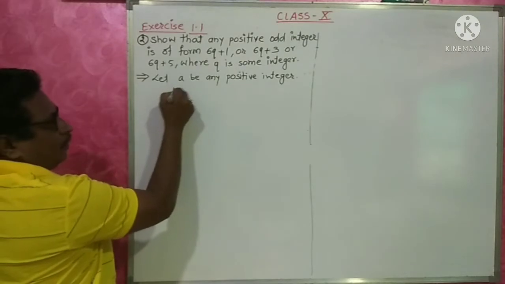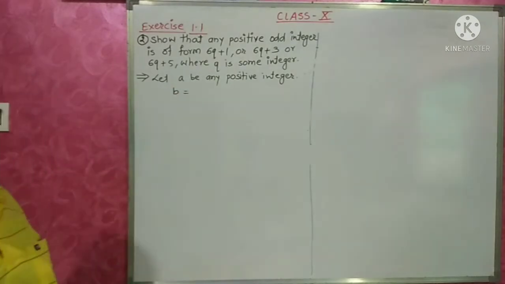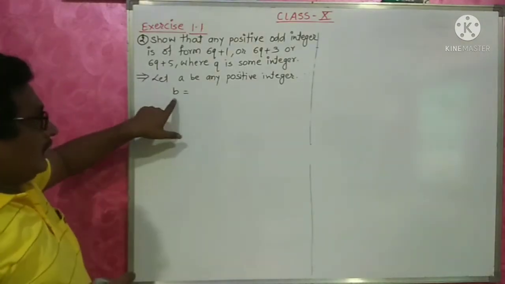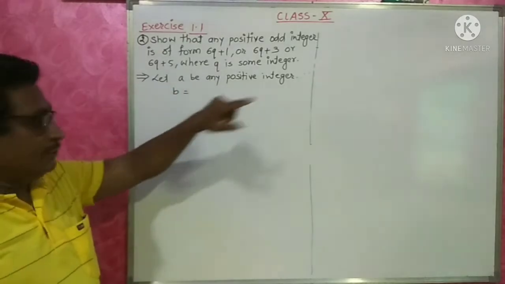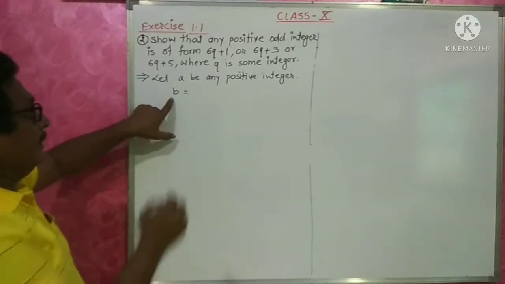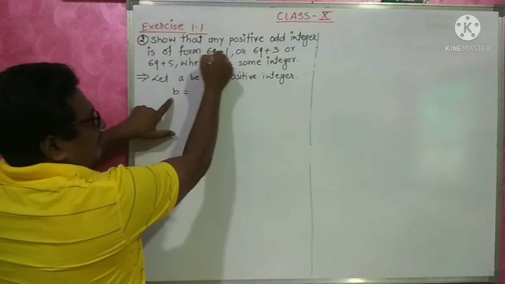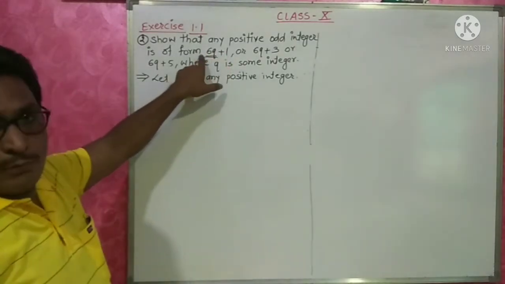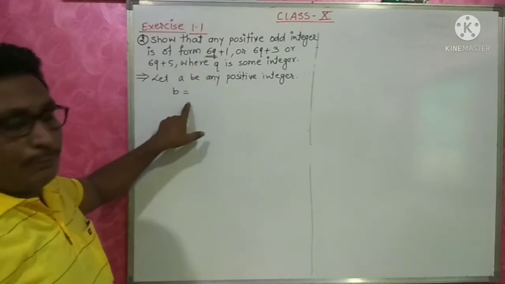So what is the value of b? According to Euclid's division lemma, a equals bq plus r. So a is any positive integer, so what is the value of b? We will take b from here. Whatever is the multiple of q, that is the value of b.